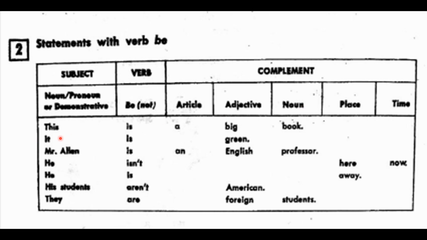So in a sentence like, this is a big book, the place and time elements are absent. In a sentence like, he is away, there is no article, no adjective, no noun, and no time. So it depends on the sentence.